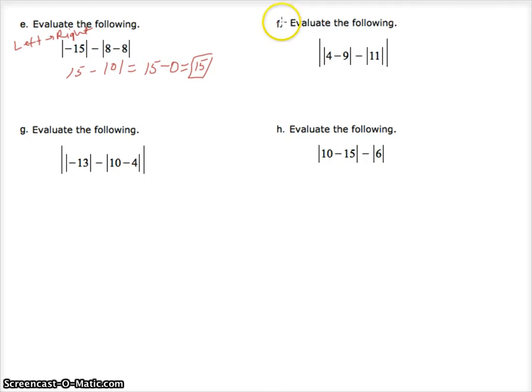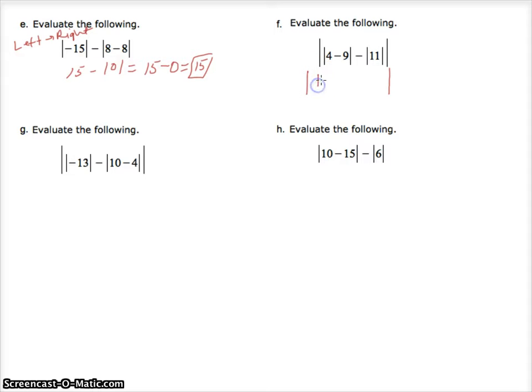Oh my goodness, look at letter F. Look how crazy this is. Not crazy at all. All this means is that we need to find the absolute value of all this inside. So it says find the absolute value of the absolute value of 4 minus 9, minus the absolute value of 11. So we just need to put a big set of absolute value brackets in. And then we need to do 4 minus 9, which is negative 5.